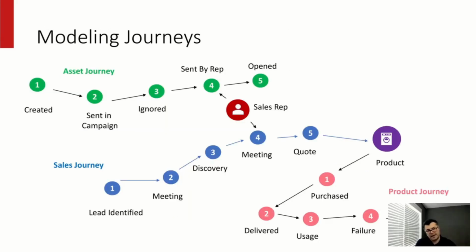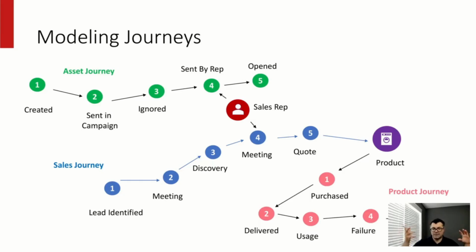Now, another way in which enterprises can use knowledge graphs, which people don't necessarily think about immediately, is to capture journeys. So a customer has a journey, a sales cycle is a journey, a product goes through a life cycle. So when you think about events that happen, there are lots of paths in enterprise data.